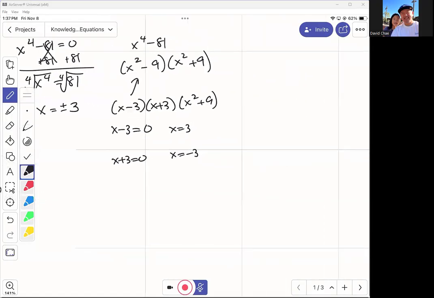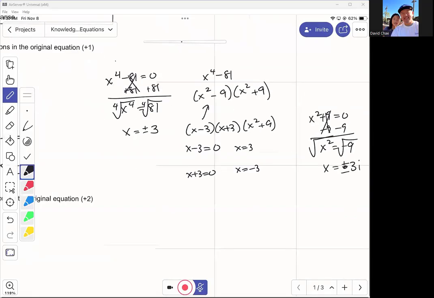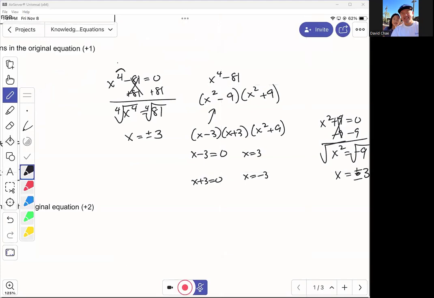Then there's also the x squared plus 9 that equals 0. You subtract 9 from both sides, so x squared is equal to -9. You square root both sides, and x is equal to plus or minus 3i. Remember that we're talking about polynomials and how many possible roots there are in each equation.